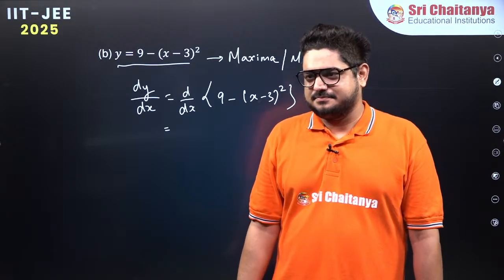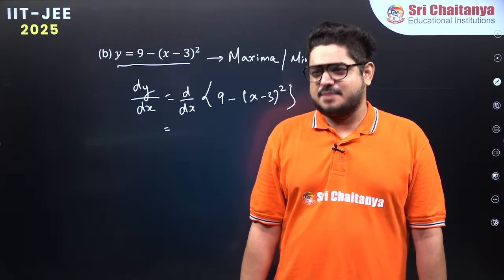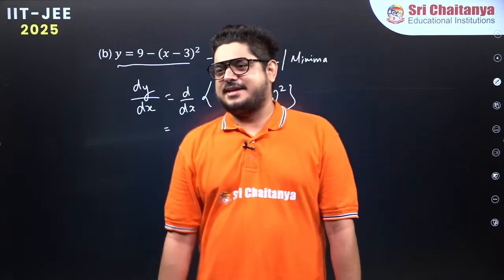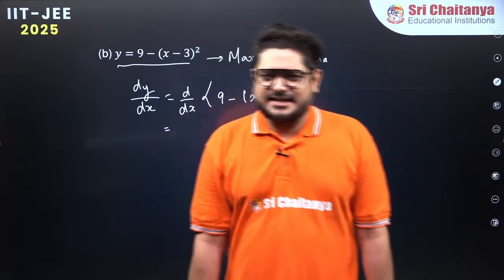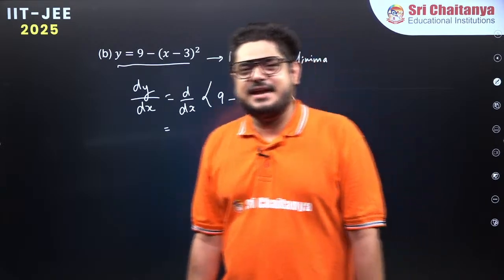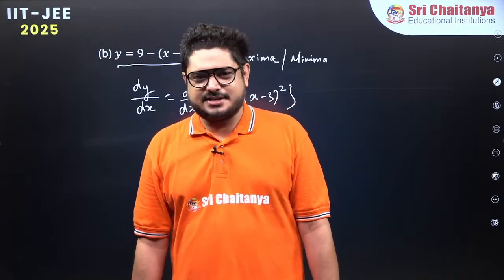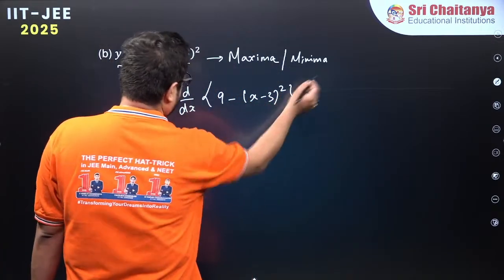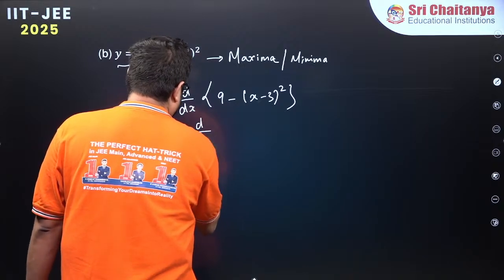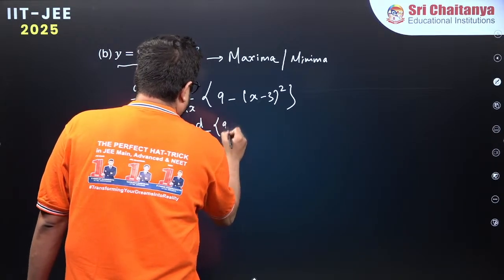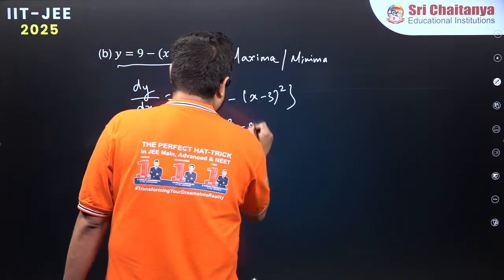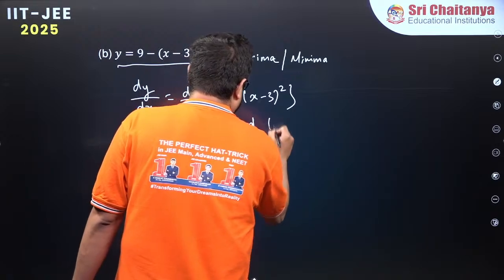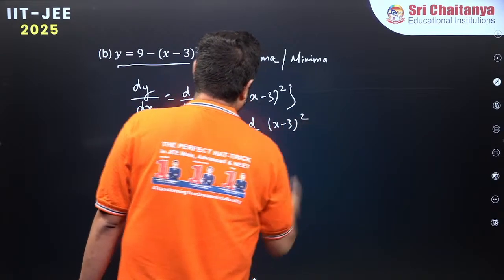Some of them are giving me the correct answer. So once again, we need to differentiate this. d by dx of 9 minus (x minus 3) whole square means d by dx of 9, minus d by dx of (x minus 3) whole square.